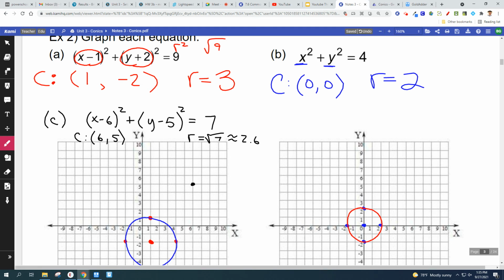I'm going to go about 2.6 in each direction. I'm just kind of eyeballing it. All right, you get it? You got the idea? Okay.